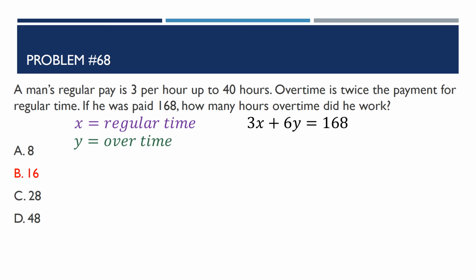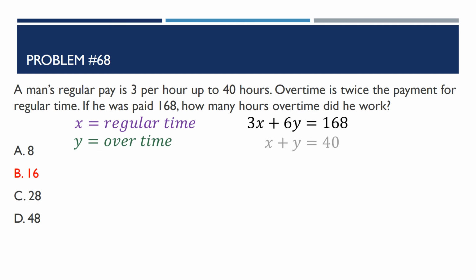Regular time is 3 per hour, so 3 times x is the pay for regular time, plus 6 times y, because overtime is twice the payment, which is 3 times 2 is 6. So 6 times the hours for overtime.